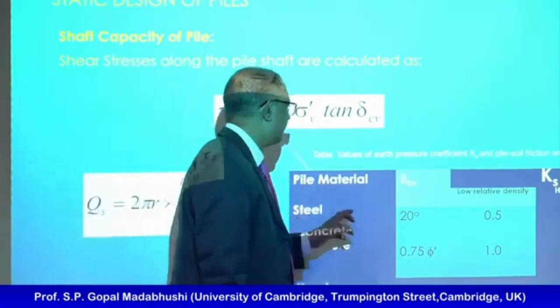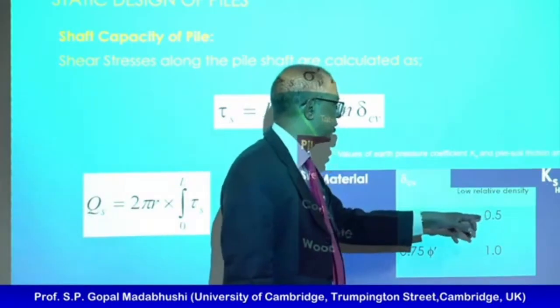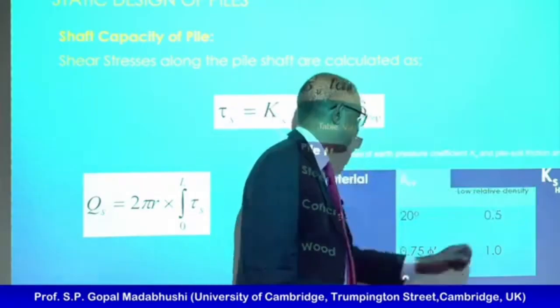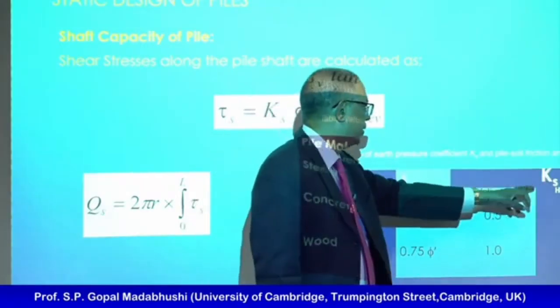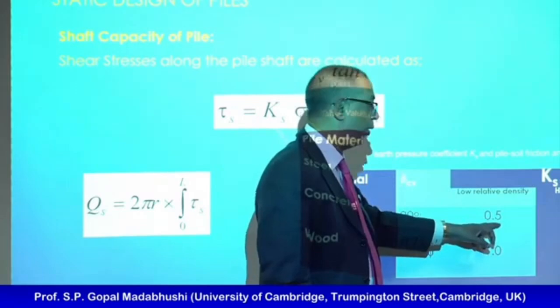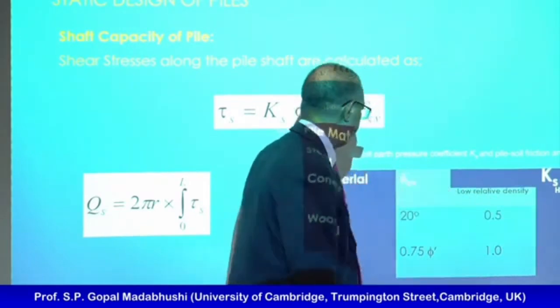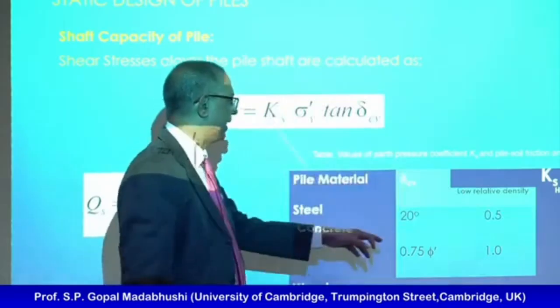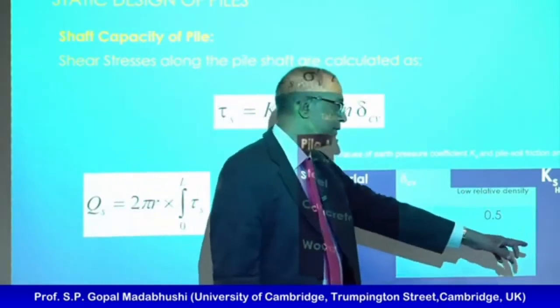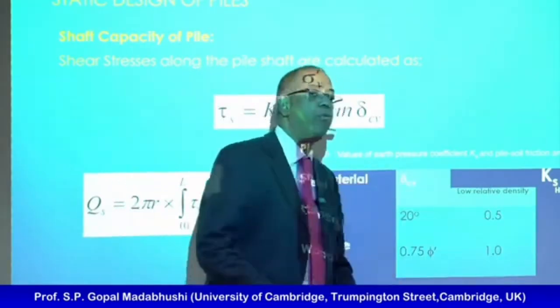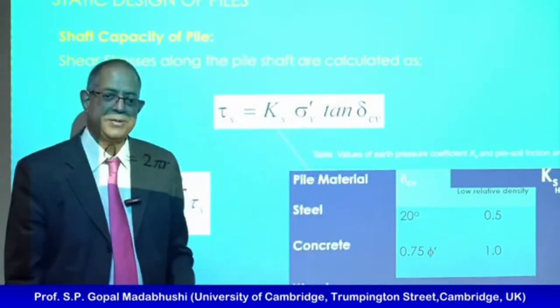Now, the next thing is the relative density of the soil and how Ks changes based on that. You can have a low relative density 0.5, high relative density 1, and if it is concrete with high relative density, you can get Ks values of more than 1. That's what you're asking, right?